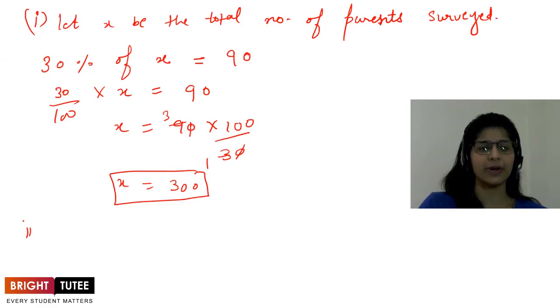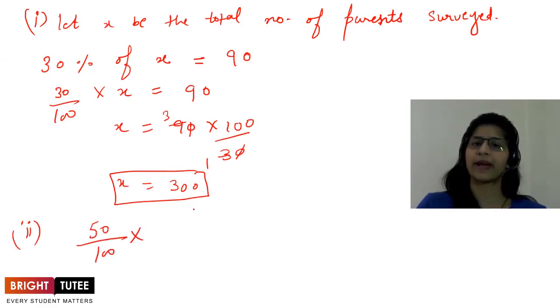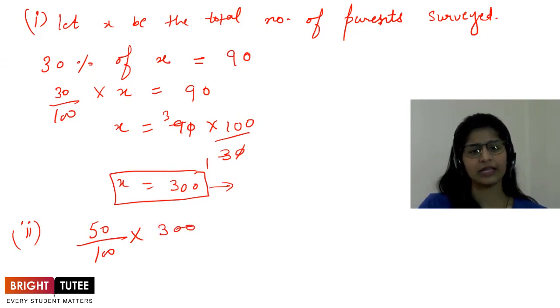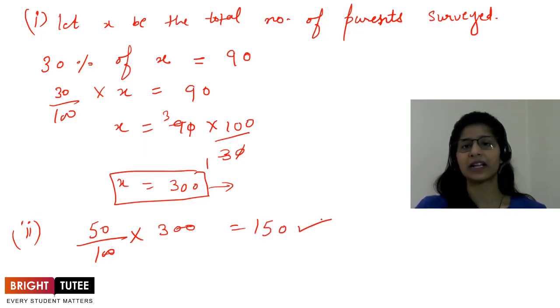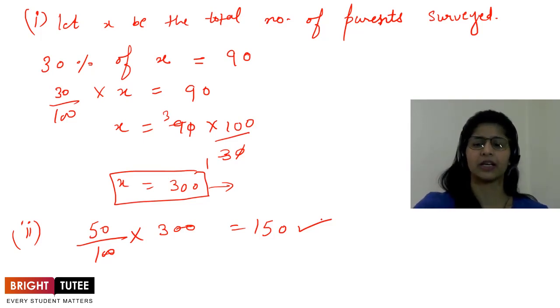So 50% of total parents, which we calculated as 300, cancel it, we get 150. So there are 150 parents who said that they are not helping their child at all in the homework out of 300 people.